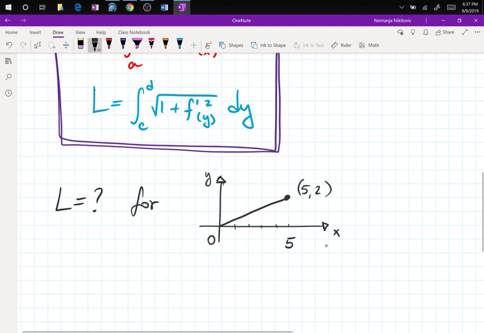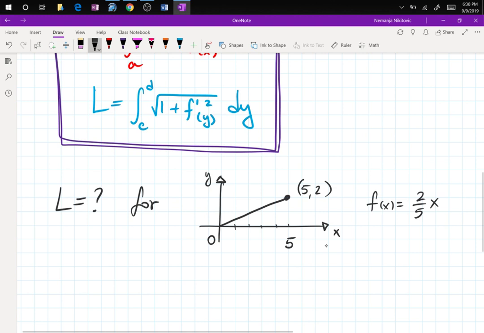That would be just our standard y equals mx plus b. Your y-intercept b is 0 because it goes through the origin. So f of x equals the slope, rise over run, which is 2 over 5, so 2/5 x plus 0, right, is all we have.